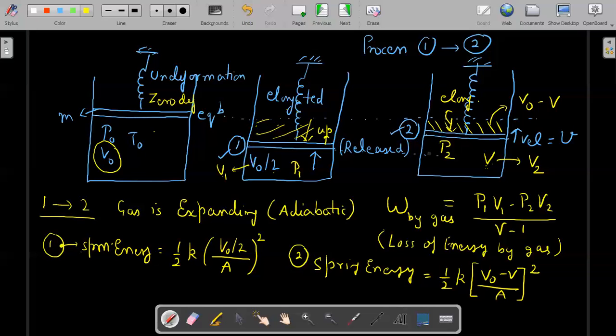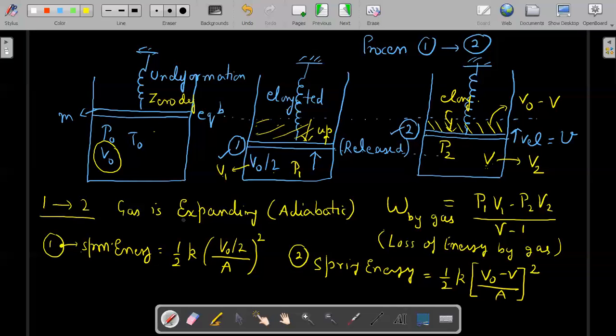It's very obvious that spring energy is reduced in this case, as the elongation in the spring is being reduced. It means the energy stored in the spring is reducing. And when the energy stored in the spring is reducing, we can say that a spring will release some energy.